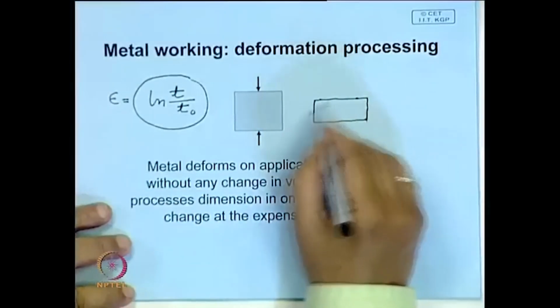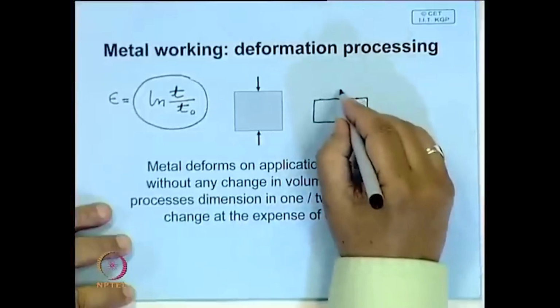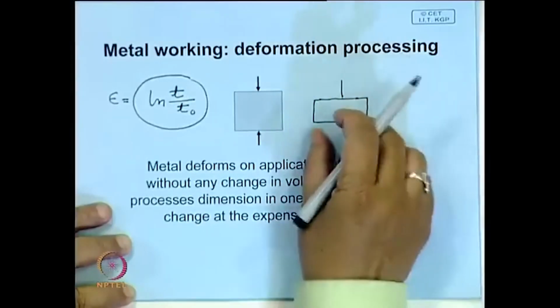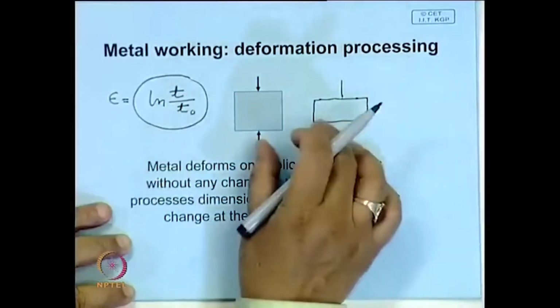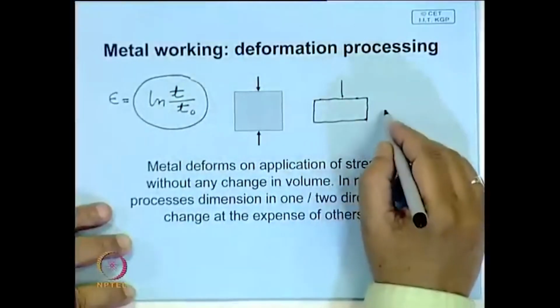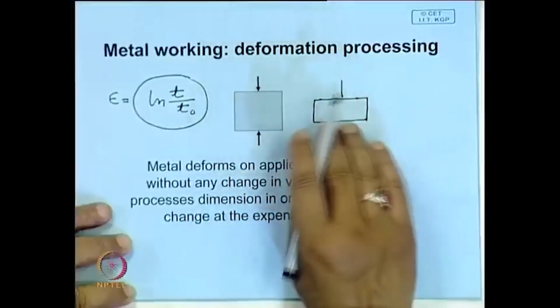Now, in this particular case, if the other side is not in a die, then on one side there is a reduction in thickness and on the other two sides it expands. But often forging is done in a die where the elongation in one direction is restricted.